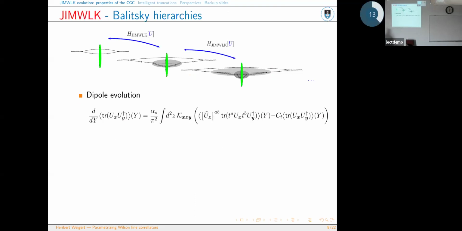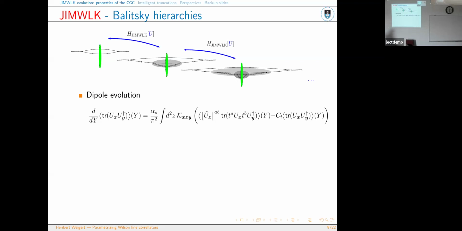Okay. Right. So now let's look at the dipoles that we looked at, because that was the physics example that started this. If I write this out, apply this operator, this is the expression I get for the thing that actually changes, and that is the correlator of the two Wilson lines. So the average of a trace of U_x times U_y dagger.